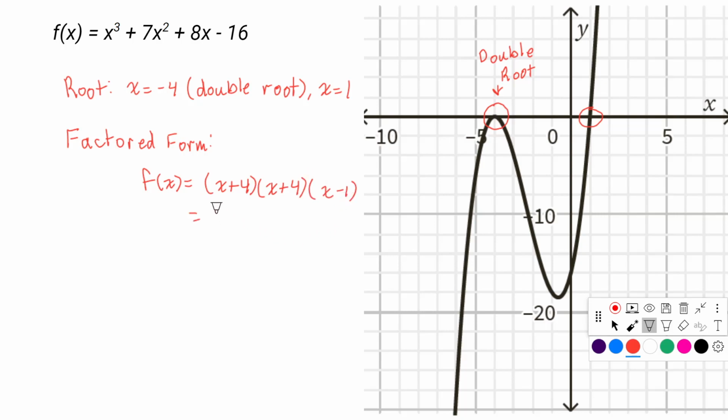Now, we could write this as the quantity x plus 4 squared times x minus 1, and it would still be considered to be factored form.